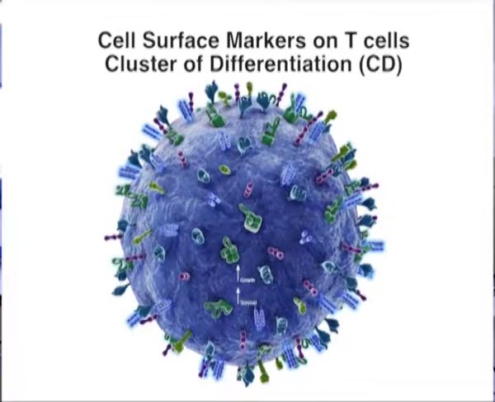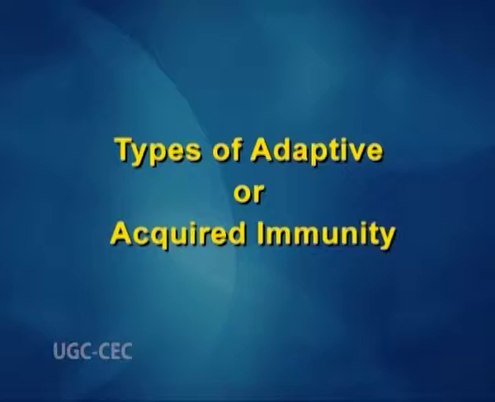The cell surface markers which differentiate T cells are known as cluster of differentiation and are denoted by CD. CD follows a number which indicates different markers, such as CD8 for T cytotoxic cells and CD4 for T helper cells.